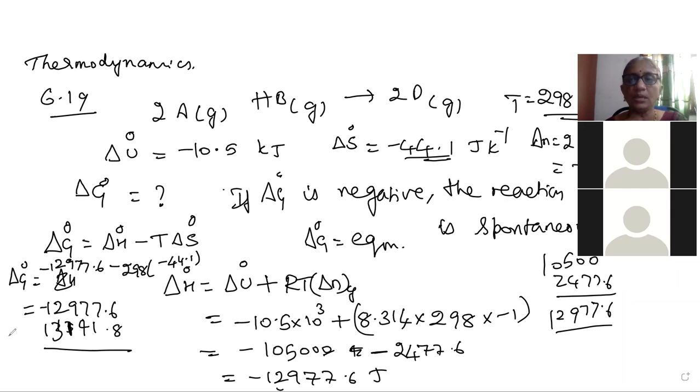Delta G naught is going to be positive now. 13141.8 minus 12977.6.